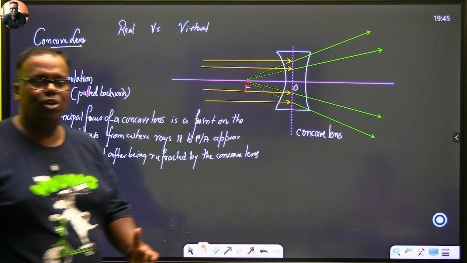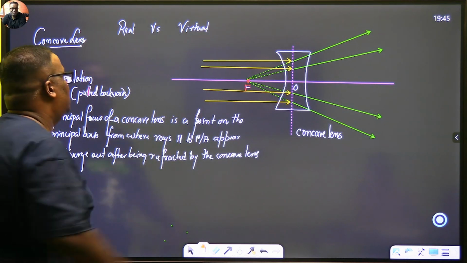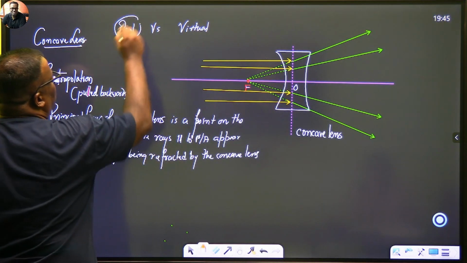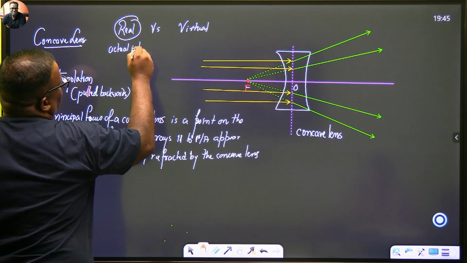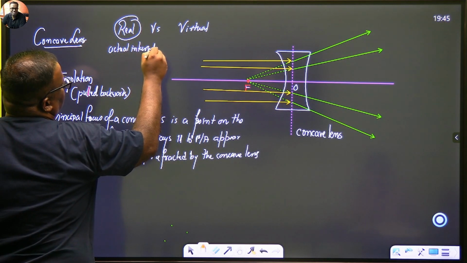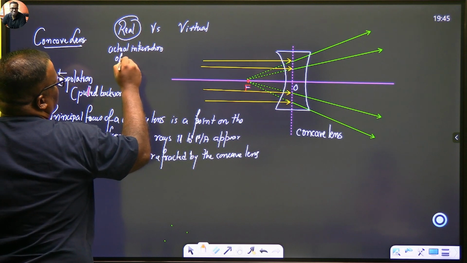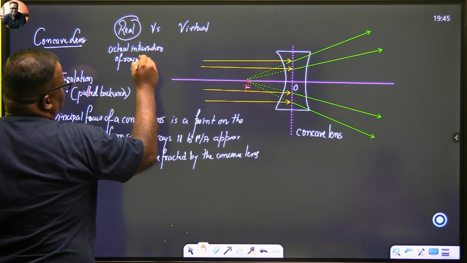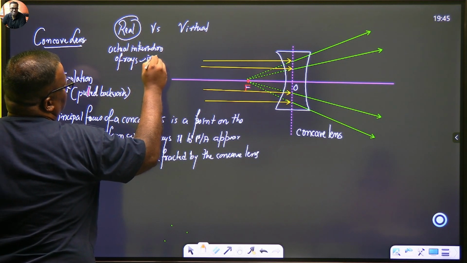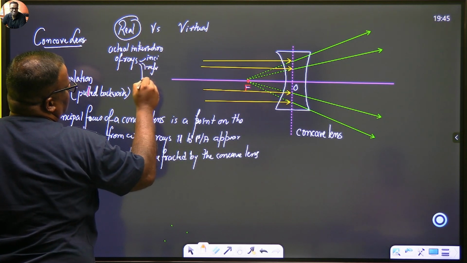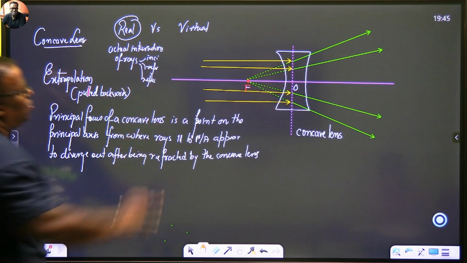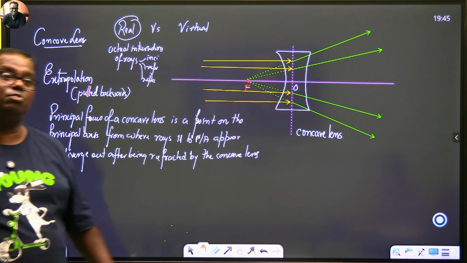Real in anything in optics is, real means real, you will attribute the real word when there is actual intersection of rays. These rays can be incident rays, or these rays can be refracted, these rays can be reflected, whatever, but actual असलियत में merge करना.